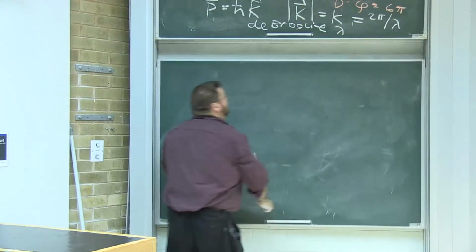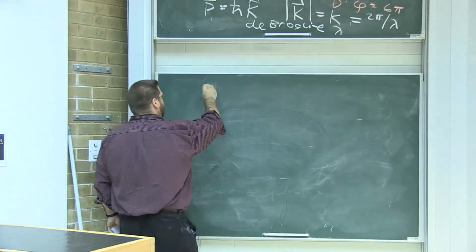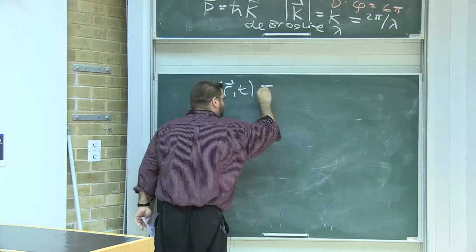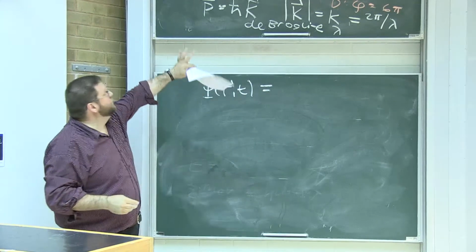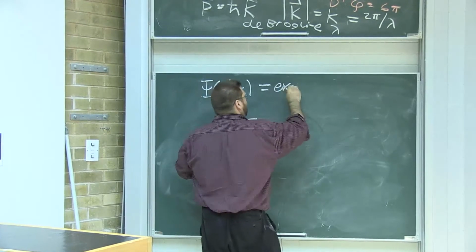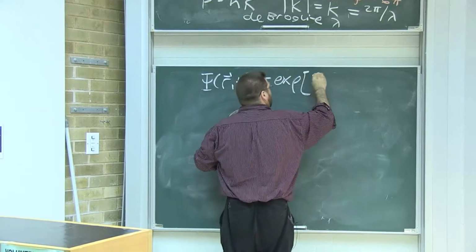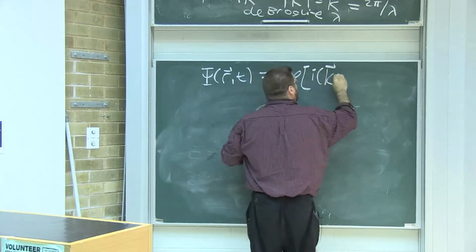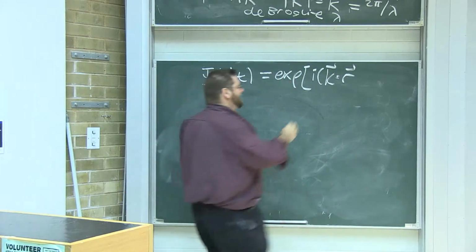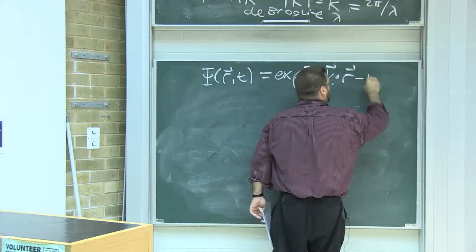So what is the mathematical description of this wave function? Again, I'm just going to write it down. Again, you should take nothing I say on faith. You need to prove all these dogmatic assertions as a consequence of this mathematical definition. So here we have the dot product of the wave vector k and the position vector r.